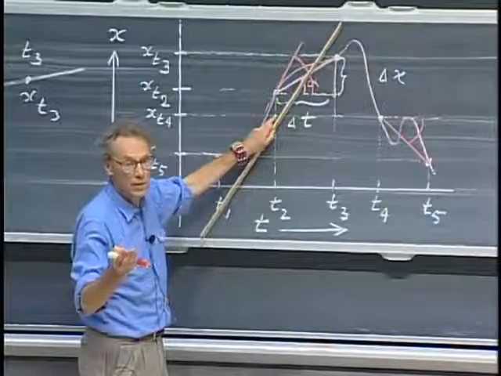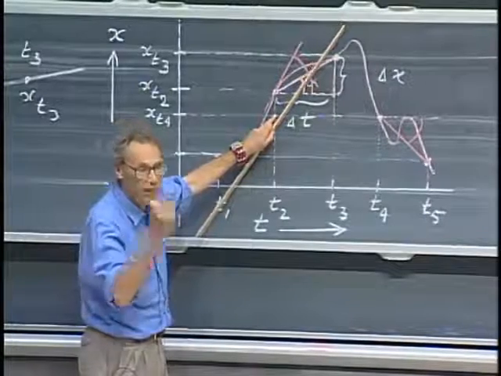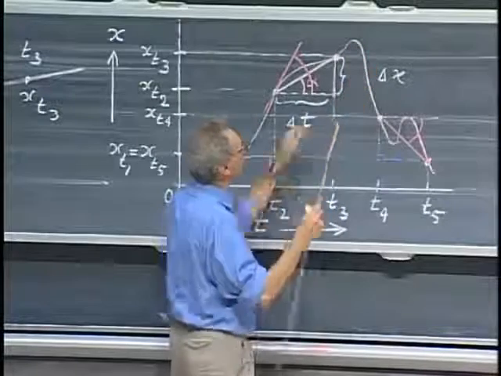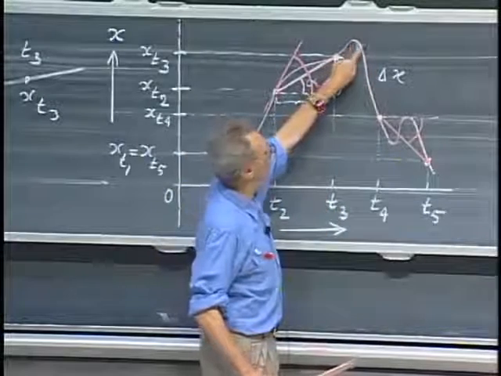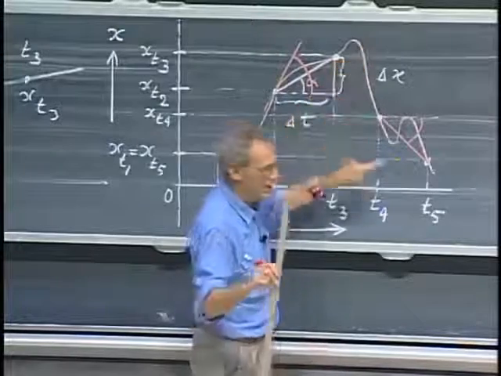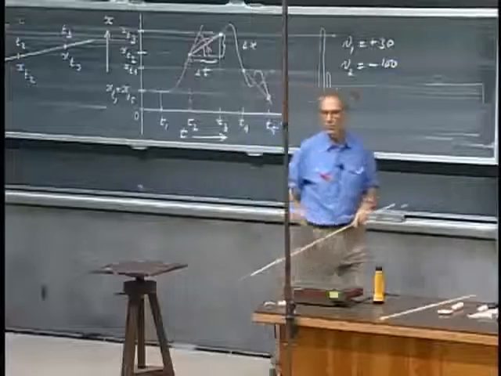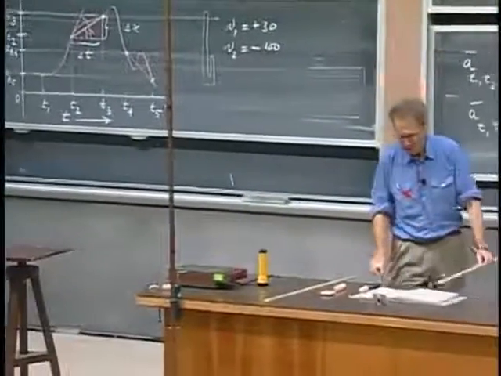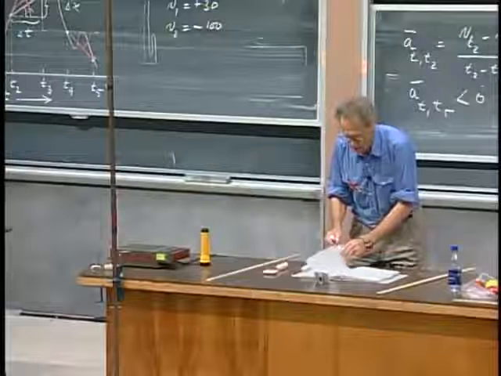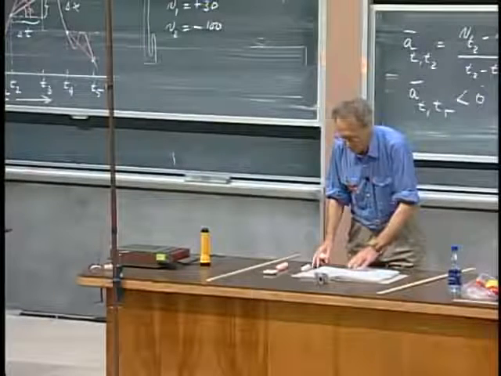What does that mean for the acceleration? 0, exactly. Here, when it makes this rounding curve, the velocity is positive here, but on this side it's negative. So what does that mean for the acceleration? Negative, you got it. And so you can now roughly find where the acceleration is positive, where it's negative, and where it is 0.